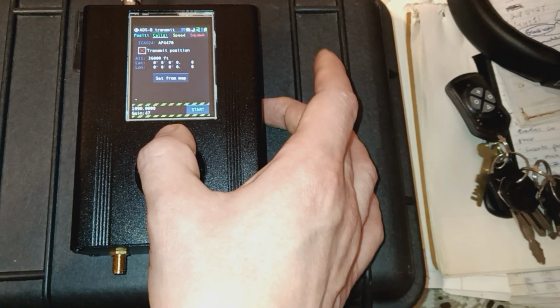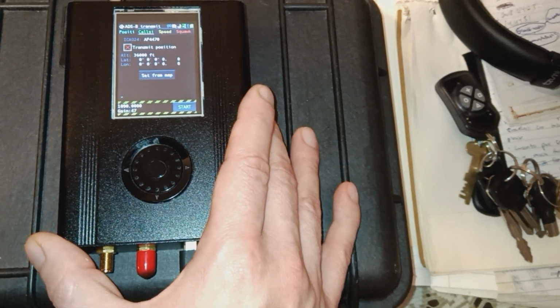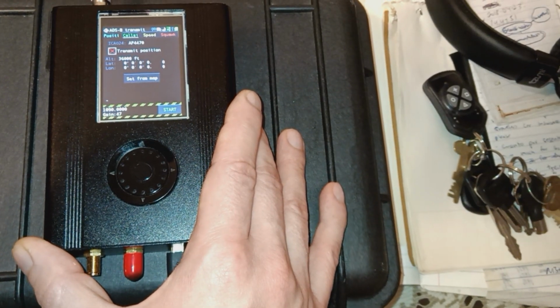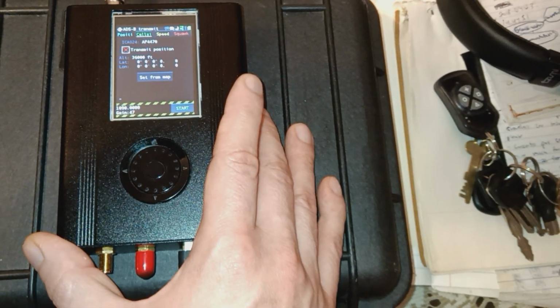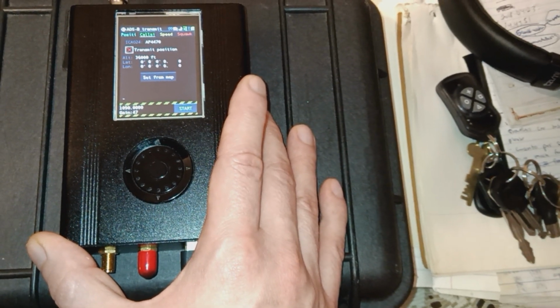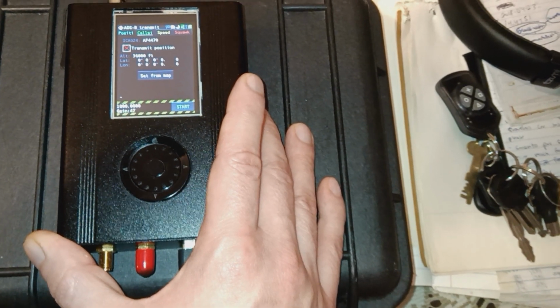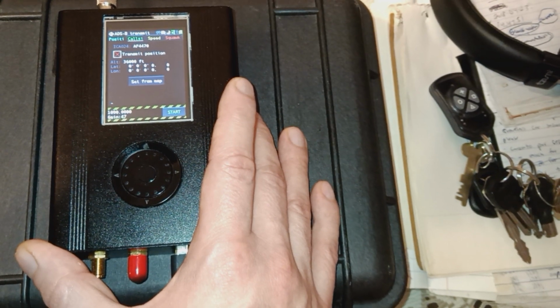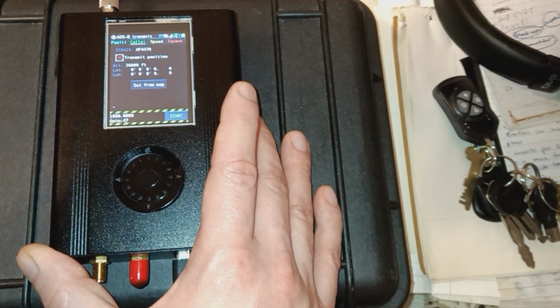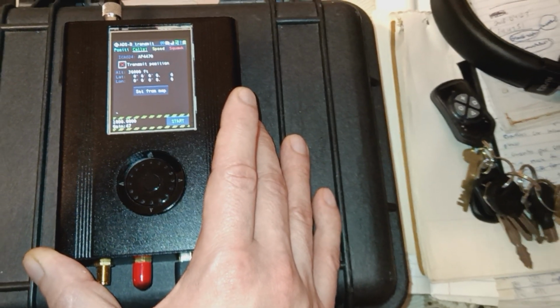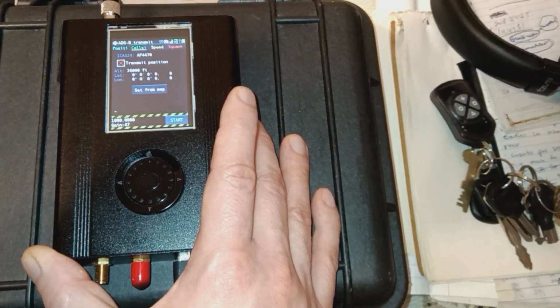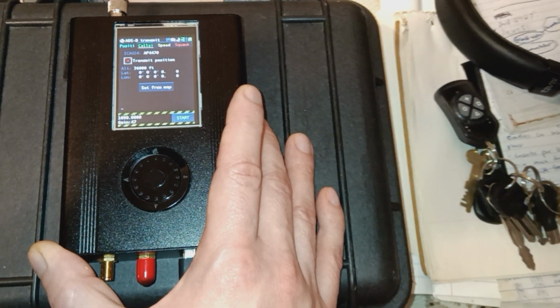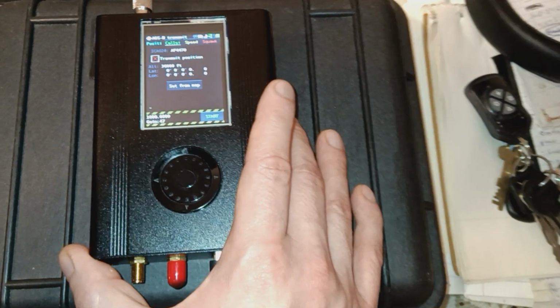Because I don't have the equipment at the present time to demonstrate that this actually works: if you have a 1090 antenna, if you're into tracking aircraft using FlightAware, for example, you can get the equipment relatively cheap and test this yourselves.